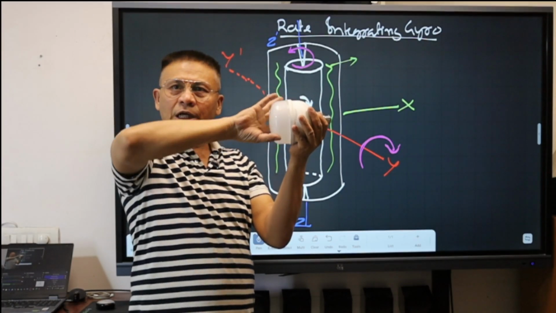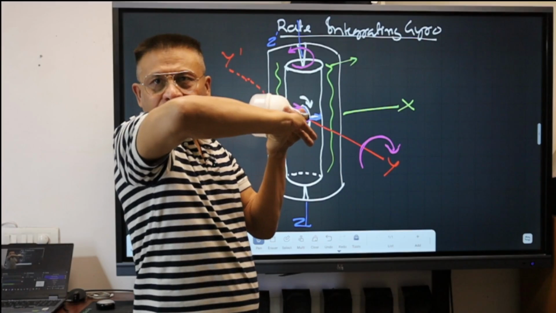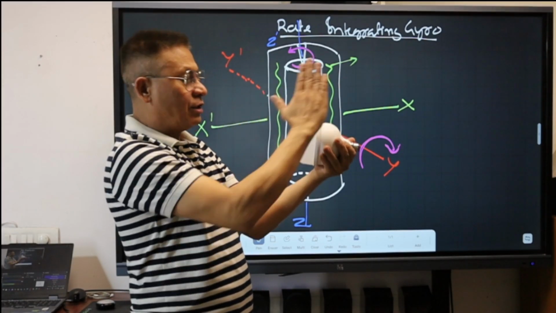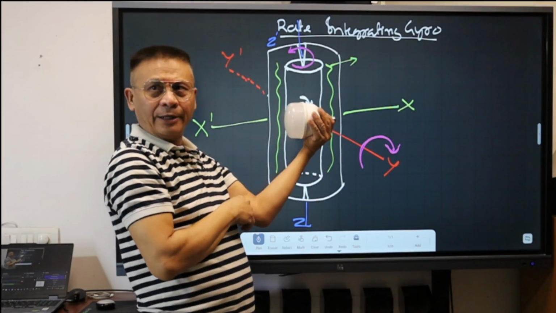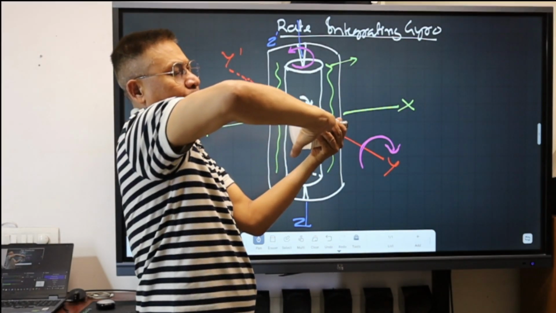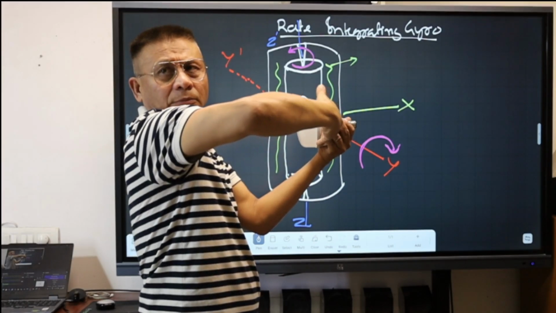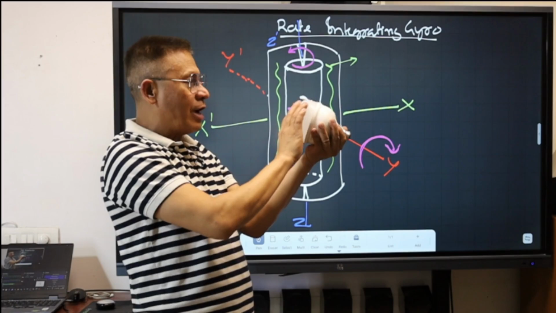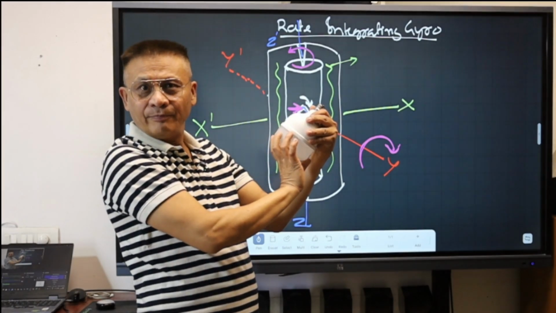Where is the input axis? The input axis is this, right? And this is mounted in the can like this, am I right? Inside. Anytime I put a turn in this way or this way, the force is going to be applied onto the gyroscope like this or like this.